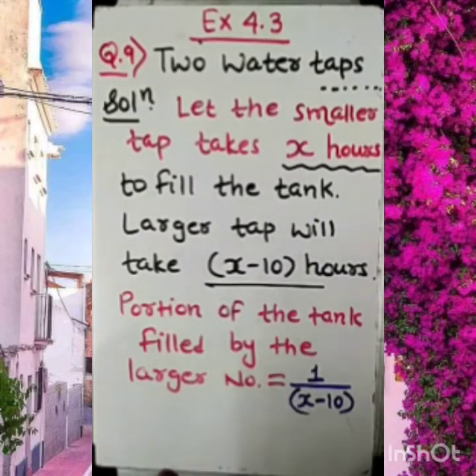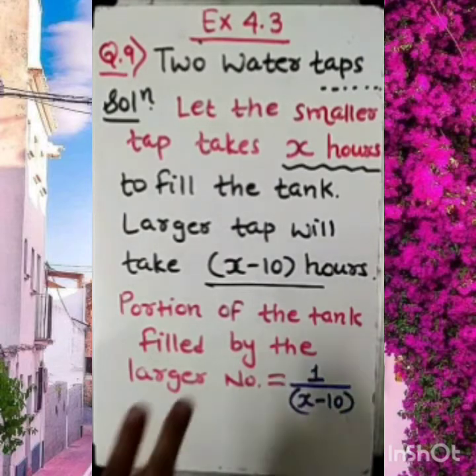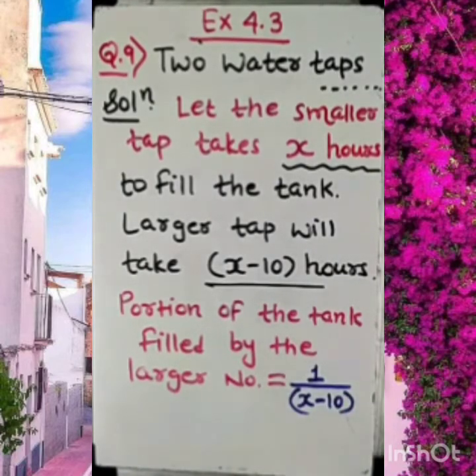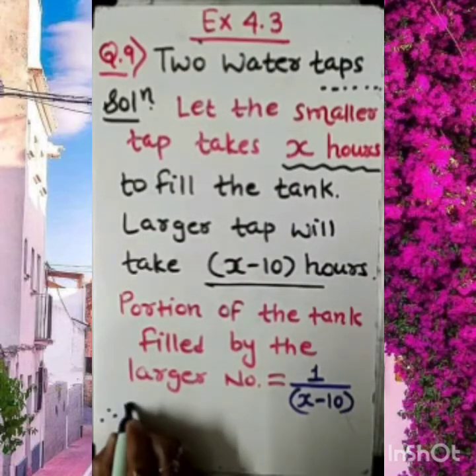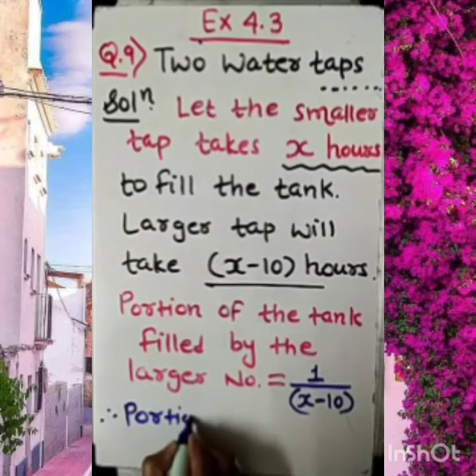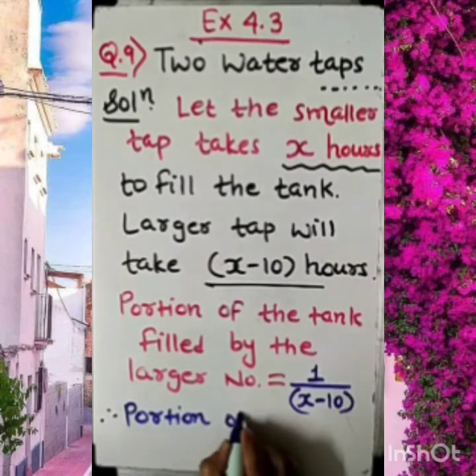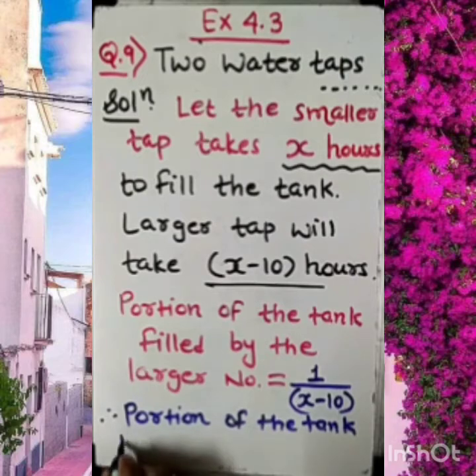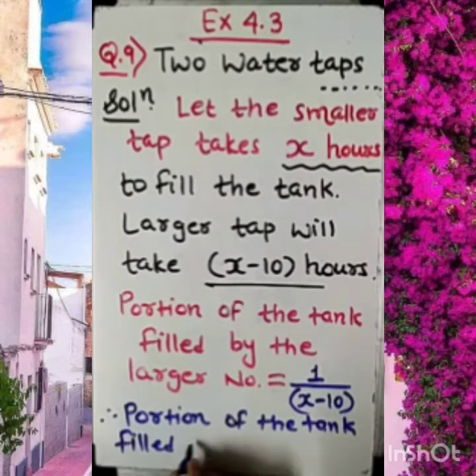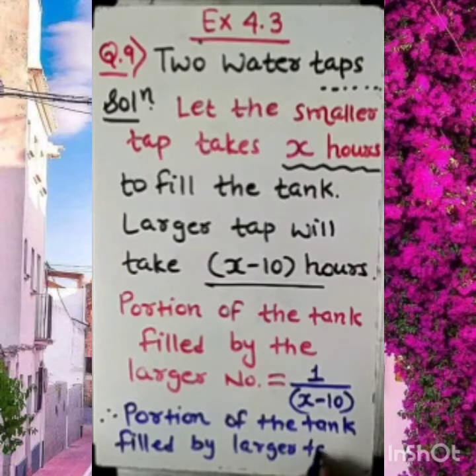Portion of the tank filled by the larger tape in hours we are given. So let's note down here first. Portion of the tank filled by larger tape. What is it given?